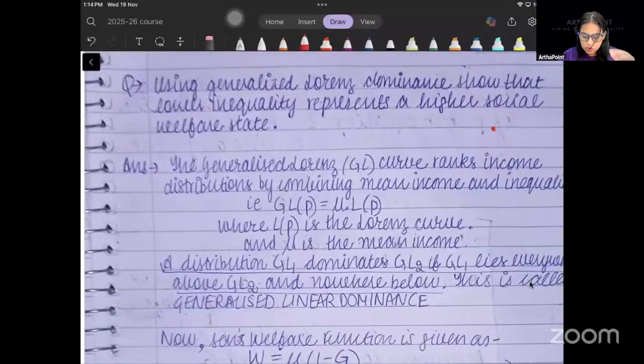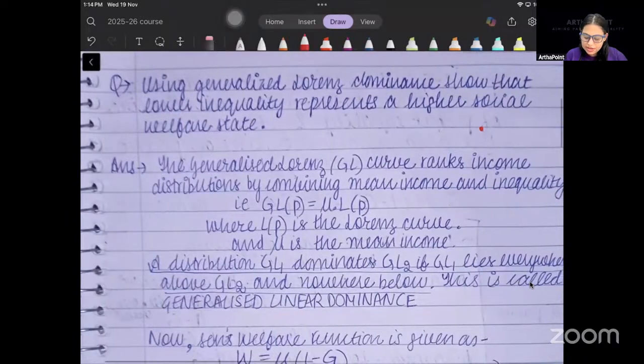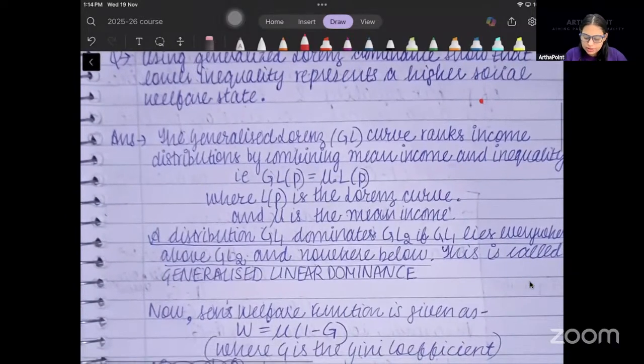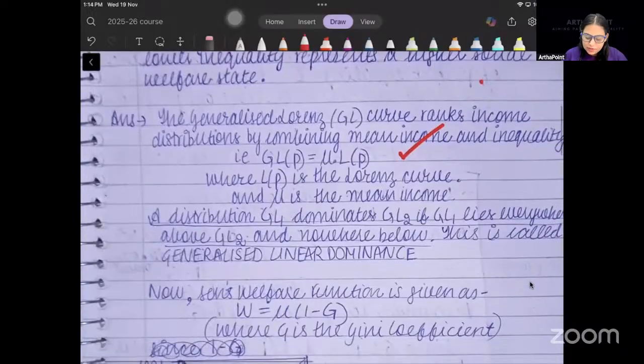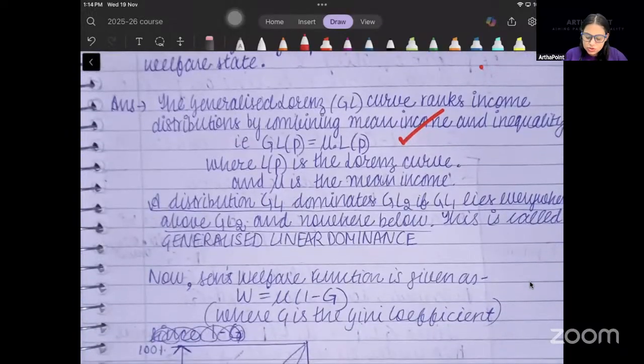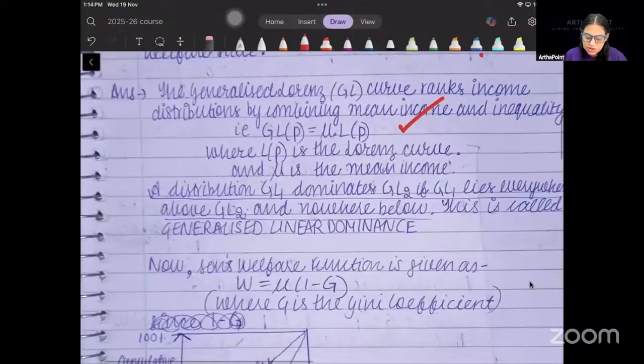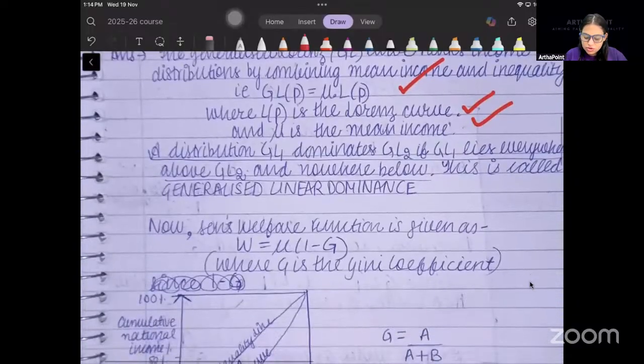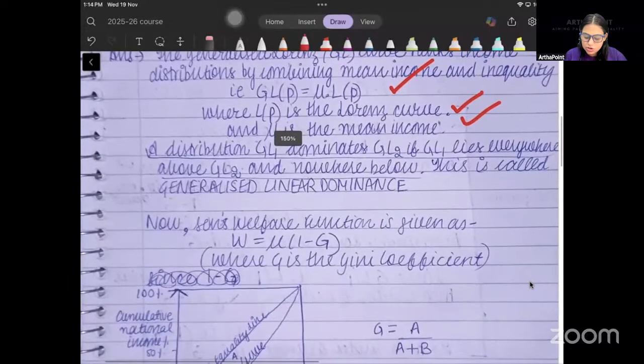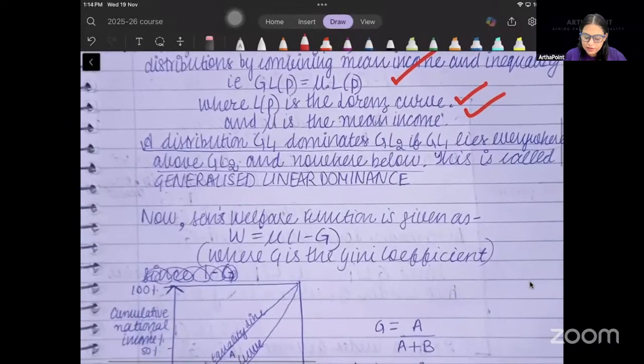The generalized Lorentz curve ranks income distribution by combining mean income and inequality, where GL(p) equals mu times L(p), where L(p) is the Lorentz curve and mu is the mean income. A distribution GL1 dominates GL2 if GL1 lies everywhere above GL2 and nowhere below. This is called generalized Lorentz dominance.